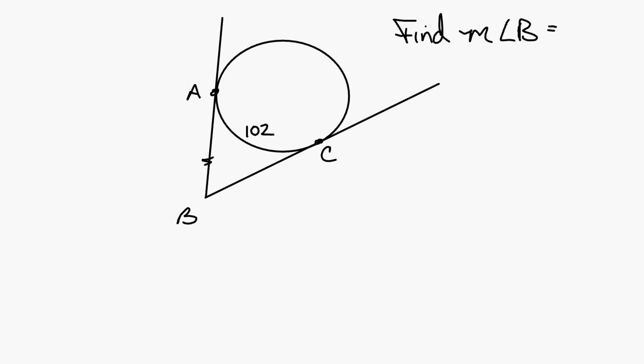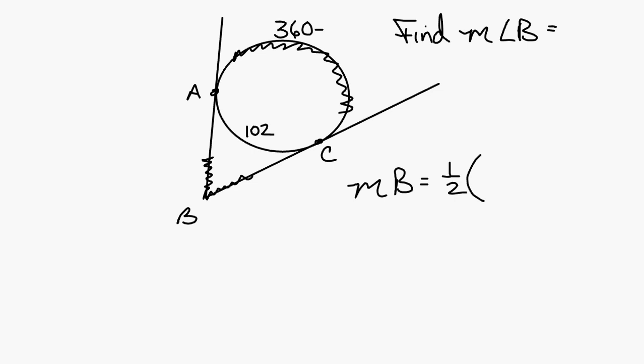The measure of B is going to be equal to 1/2 times big arc. Here's your big arc. That big arc is equal to 360 minus 102, which is 258. Big arc, 258, minus little arc, 102.